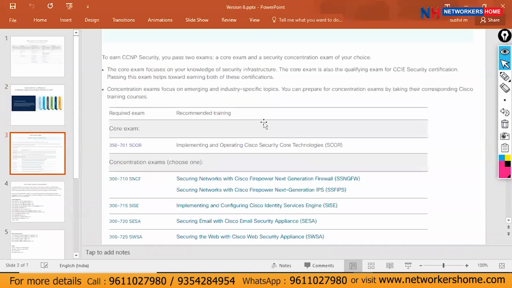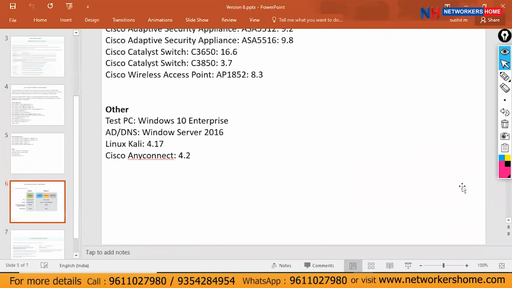As I told you, in CCNP security, you have a total of 7 examinations. I mean, in total we have 7 papers. Out of 7 papers, you require only the core exam to do the specialist examination. Elective, you have a total of 6 elective exams over here.